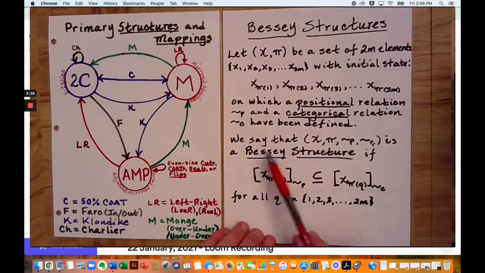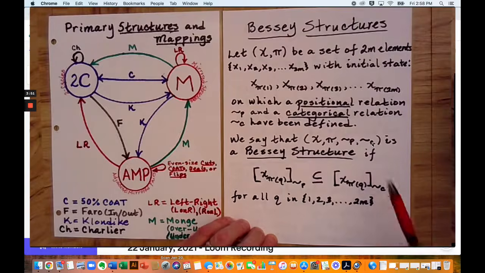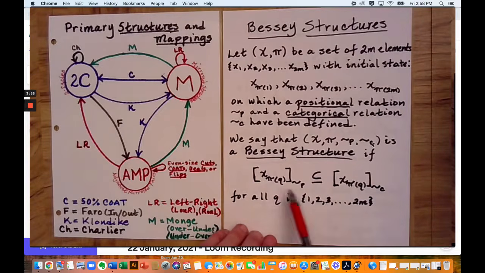And we say that this, now it's quite a mouthful here, this quadruplet is a Bessey structure if and only if this happens right here.